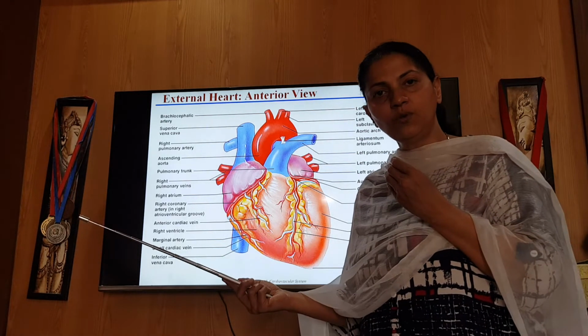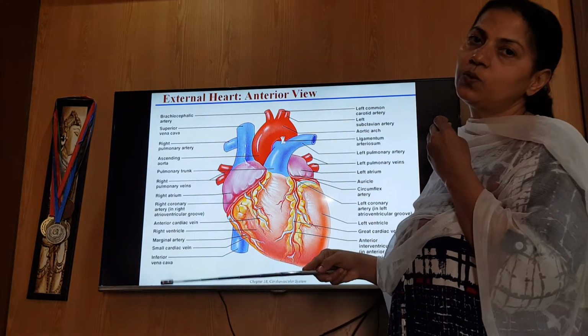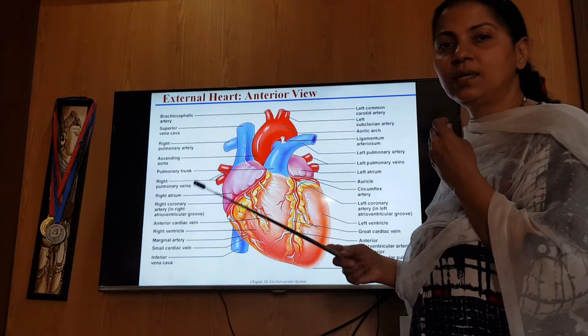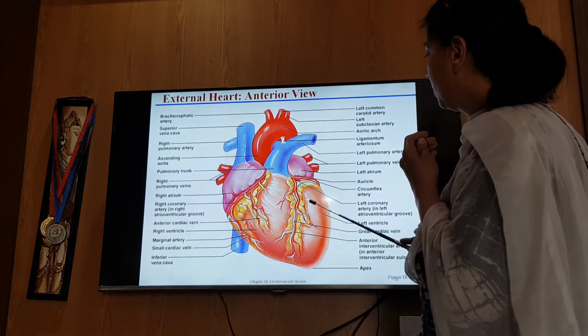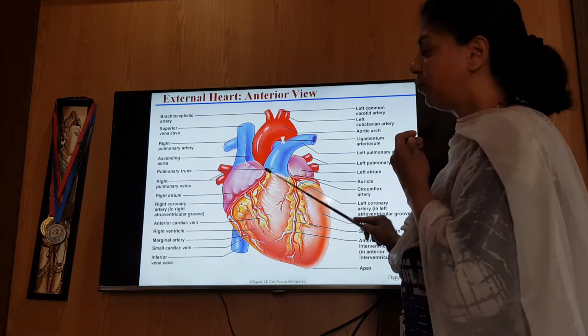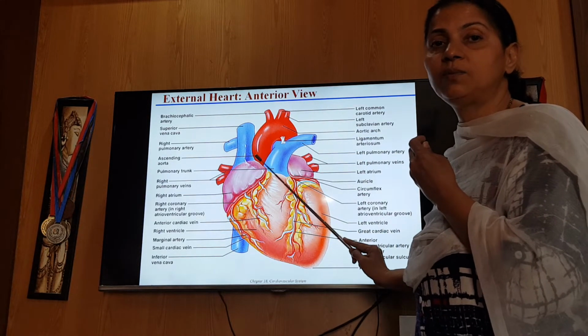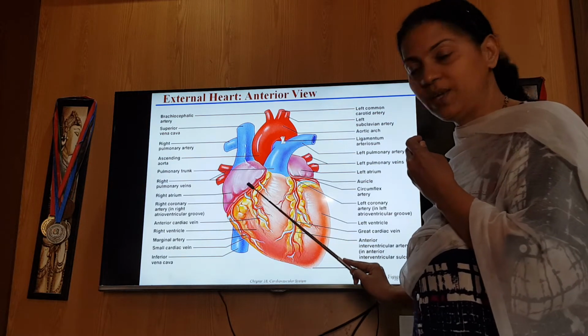The name of the groove is anterior interventricular groove, so the artery is also going to be the anterior interventricular artery. So these were the arteries which we can see from the anterior view of the heart, which are supplying the heart muscle itself. Now the veins.